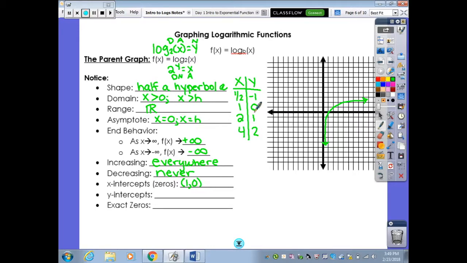Our y-intercept, when x equals 0, is going to be none, because it's an asymptote. Our exact values are 1, 0, 2, 1, and 4, 2. Now let's look at an example of transformations.